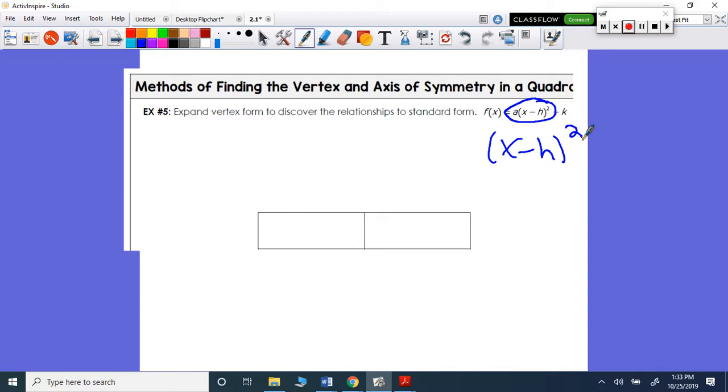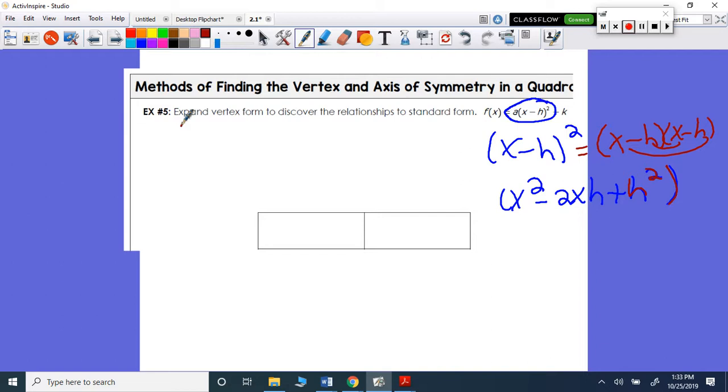Okay, what do you think, Chase? x squared, minus, plus h squared. Yep. I'm going to add one thing. Remember, you're going to have minus 2xh, right? So that could be part of a bonus.